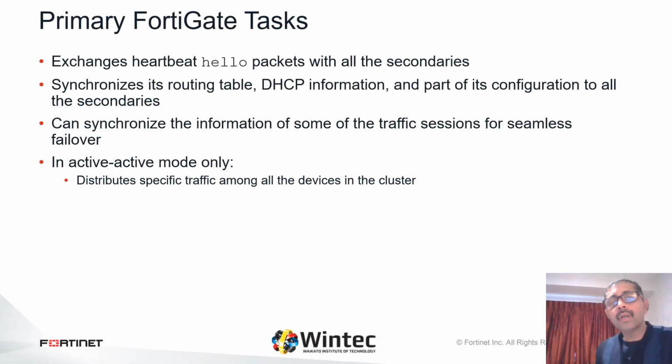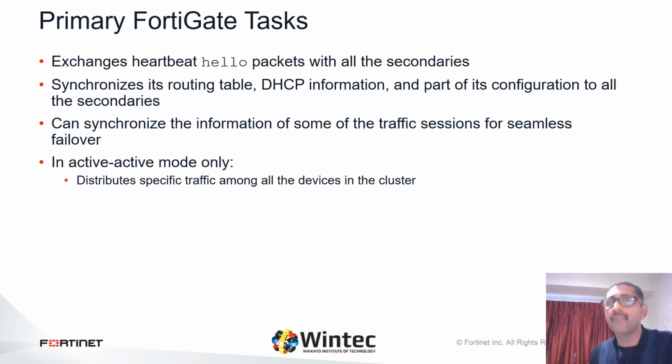So we've been talking about what a primary FortiGate is. What are the tasks of a primary FortiGate? Primarily, it monitors the cluster by sending hello signals and listening for replies to identify if the FortiGate devices are alive and available. It also synchronizes its routing tables, the DHCP information, and part of its configuration with other devices. Optionally, you can configure the primary FortiGate to synchronize some of the traffic session information to all the secondary devices.